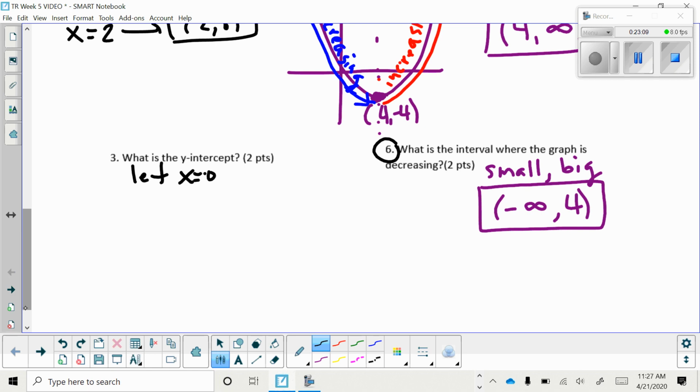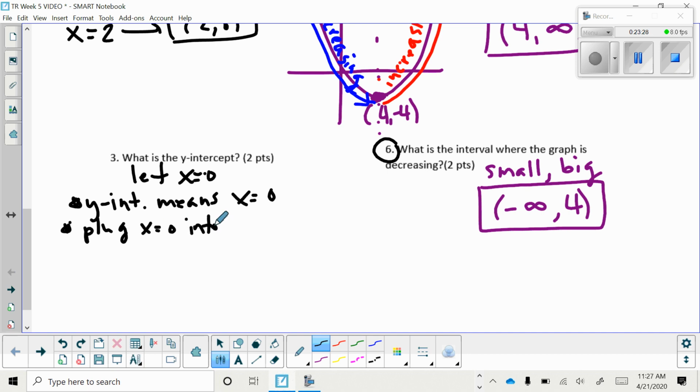So y-intercept means that x equals 0. So we are going to literally plug x equals 0 into the function. And here's what I'll get.